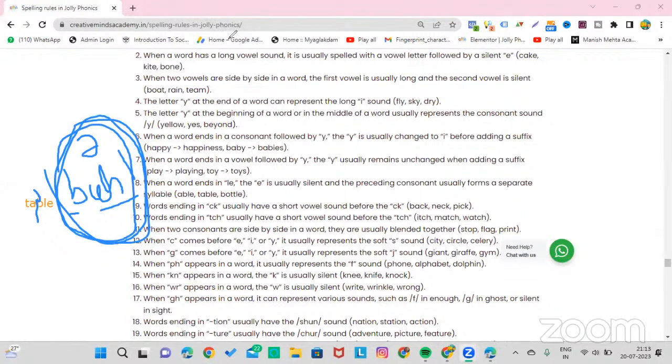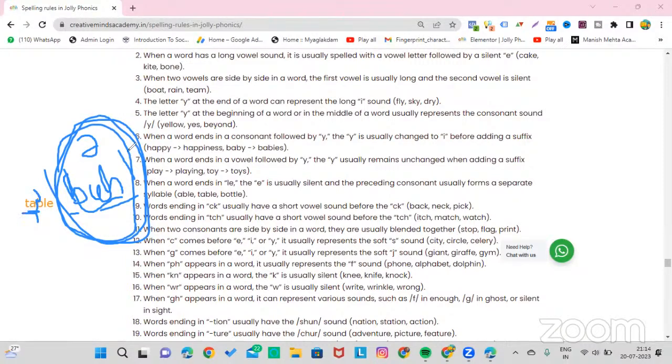Yes. So LE takes the consonant. Always the schwa sound will take the consonant. It will not start with a vowel sound. And that is why, because B has come with the schwa, now A is left open.